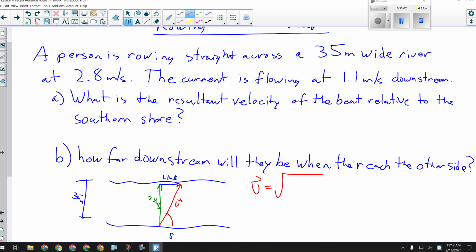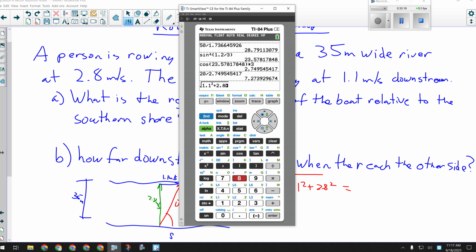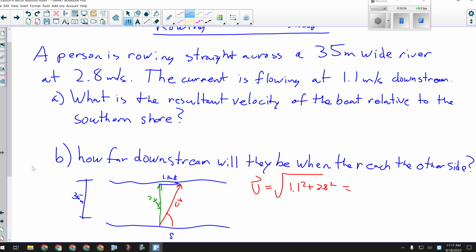So that's just Pythagorean theorem: 1.1 squared plus 2.8 squared. So exactly 3 meters per second. And we need the angle.